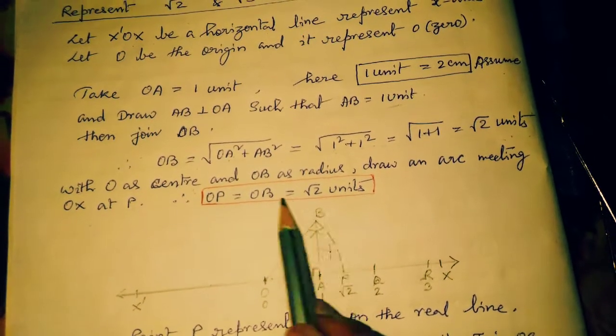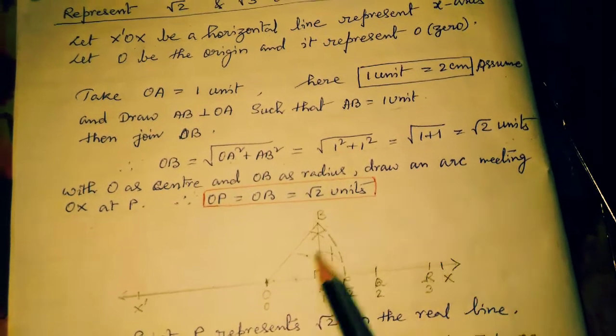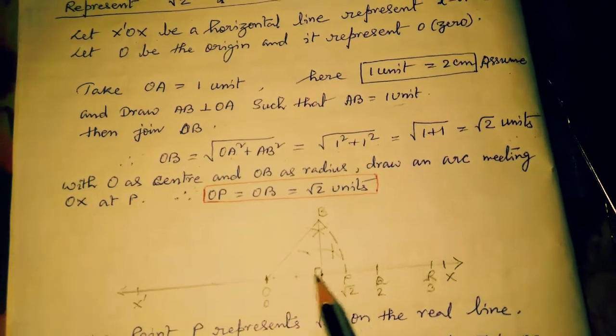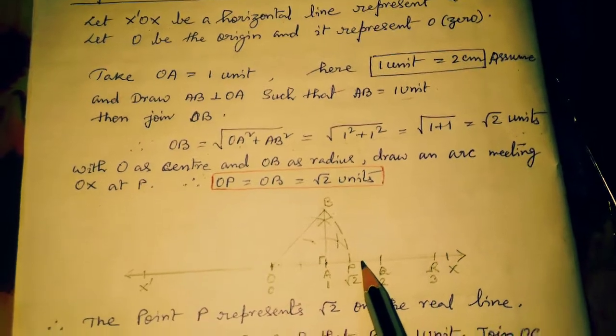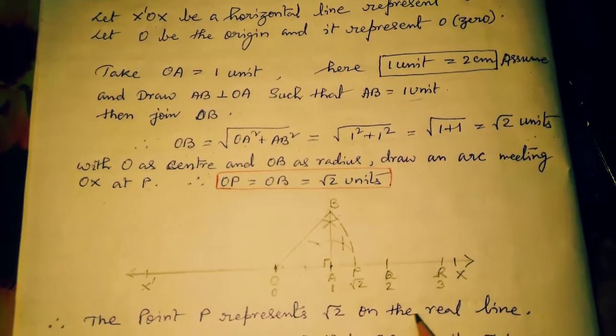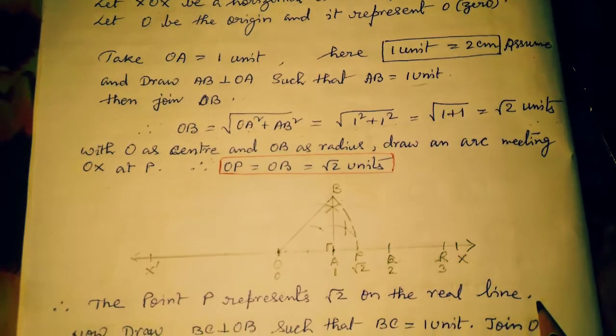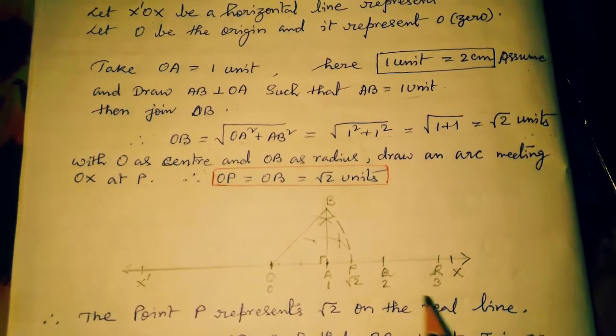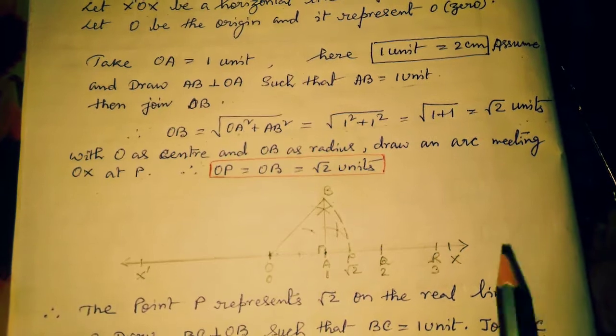Since OB is root 2, the value of OP is also root 2 units. This way the point P represents root 2 on the real number line. Clear, student? So this way we draw root 2 on the number line.